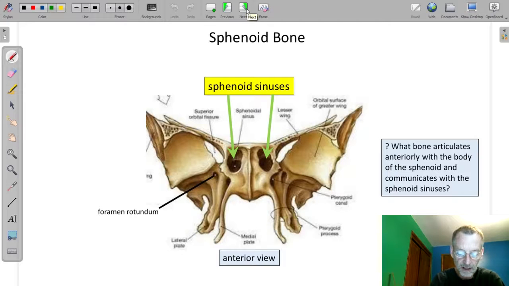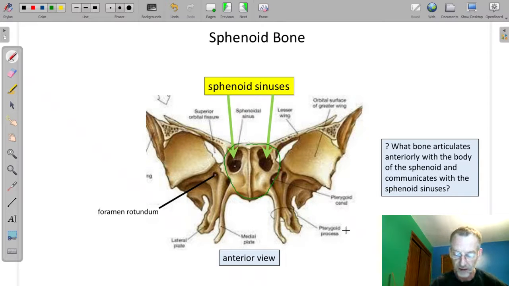Next slide. Here we're looking at an anterior view of the disarticulated sphenoid bone. So anterior to the sphenoid is the ethmoid bone that we haven't talked about. But here is an anterior view of the openings into the sphenoid sinuses. This is the body of the sphenoid again. So there's more or less the body. It sort of looks like a giant hornet flying at you.